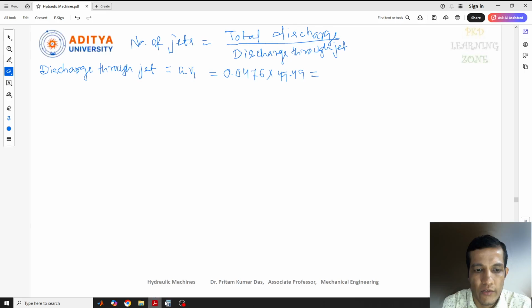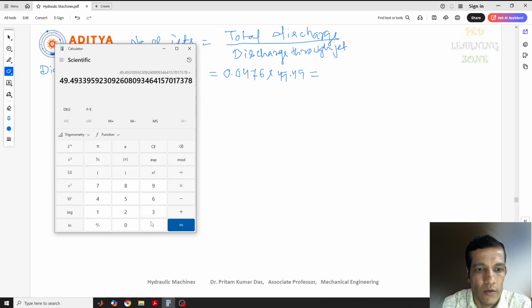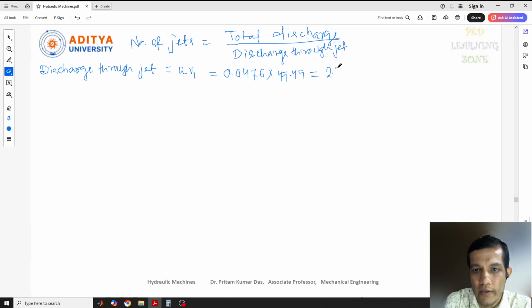If I multiply this one, I will get the value. So here I got the value 2.356 suppose, and this is the discharge through one jet, so that is this much meter cube per second.